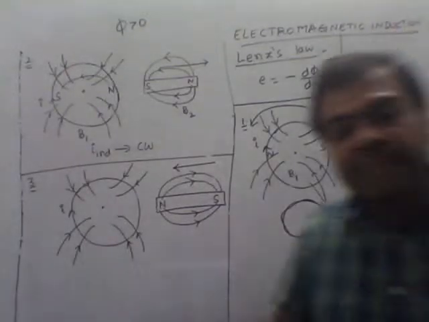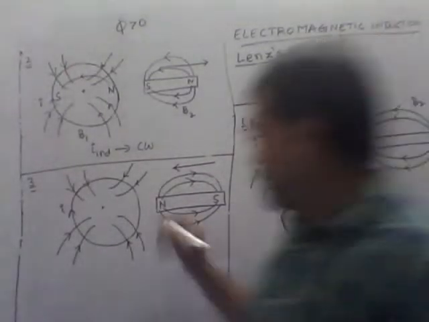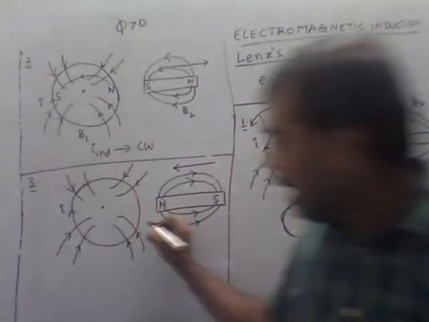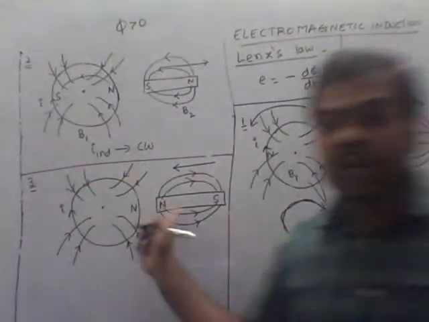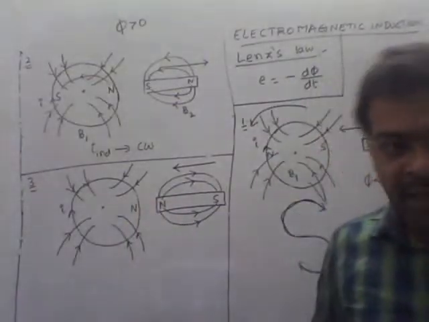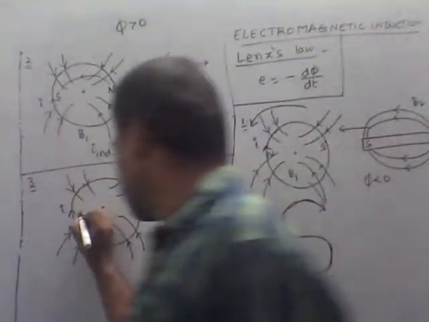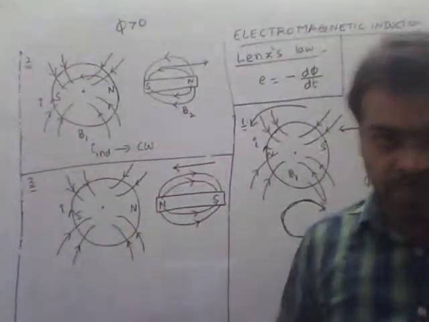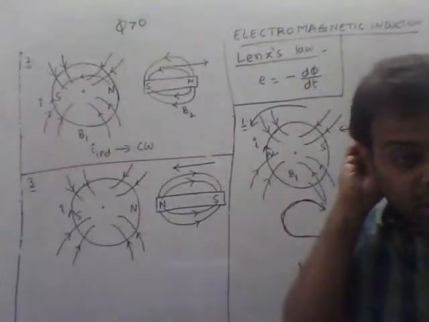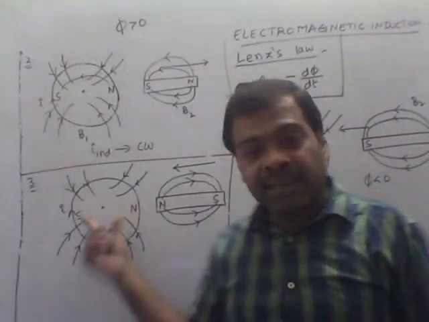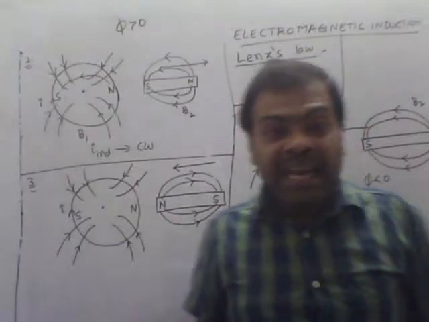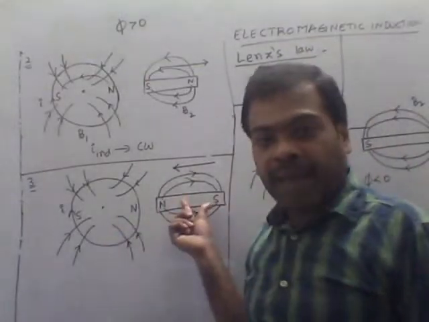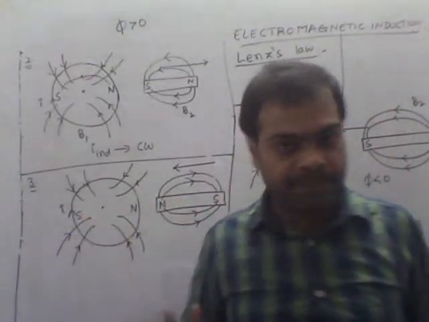In order to get the repulsion, the end at which the magnet is coming should have the like pole. So this is the north pole and this is the south pole. That is the polarity of the magnet with respect to the coil.